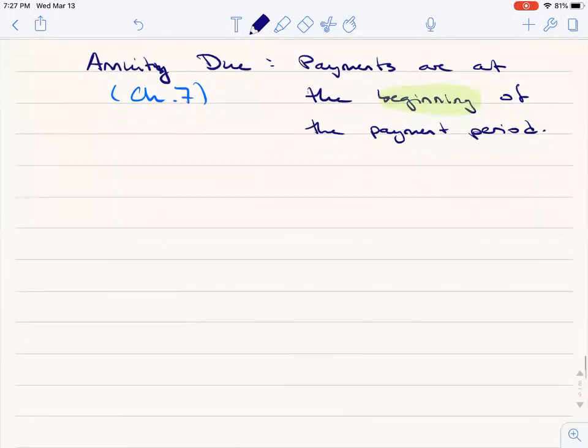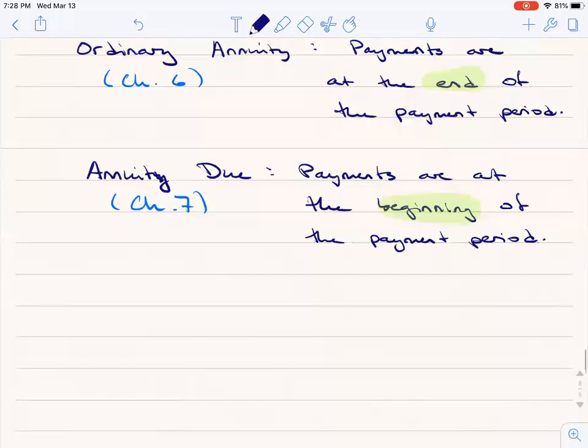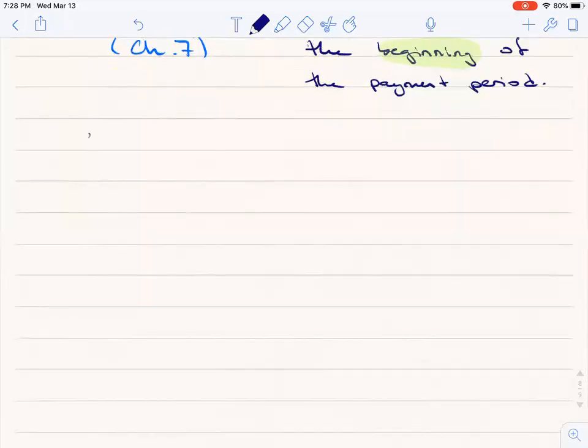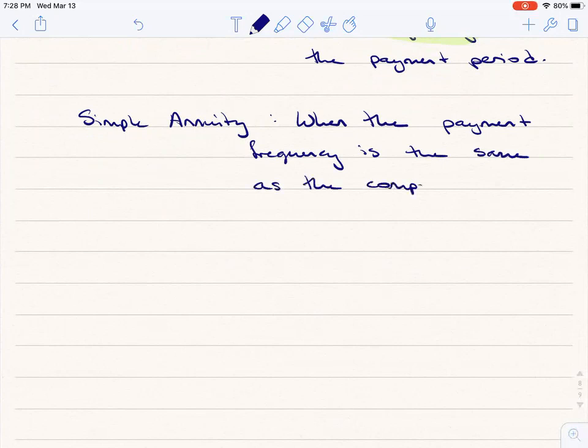And then we can further group those. An annuity due can be either a simple annuity or a general annuity, or an ordinary annuity can be a simple annuity or a general annuity. So a simple annuity is when the payment frequency is the same as the compounding frequency.